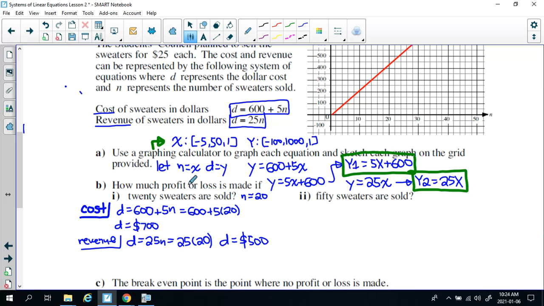Now, to figure out the profit or loss, your profit would just be equal to the revenue minus the cost. The revenue was 500.